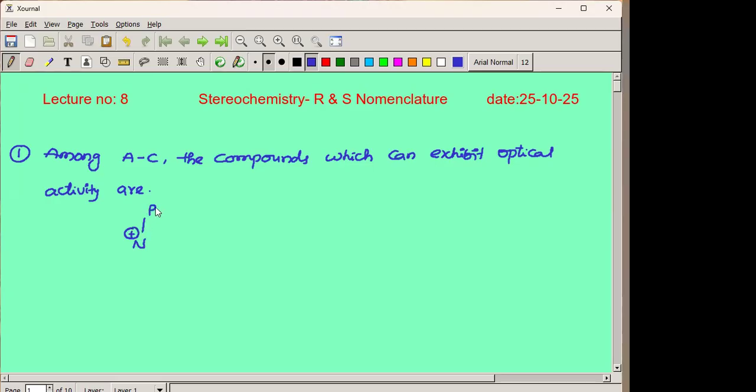It consists of different groups. One is a phenyl group, the other is methylene, the other is a methyl group, and the other is a vinyl group like this. So this is molecule A.